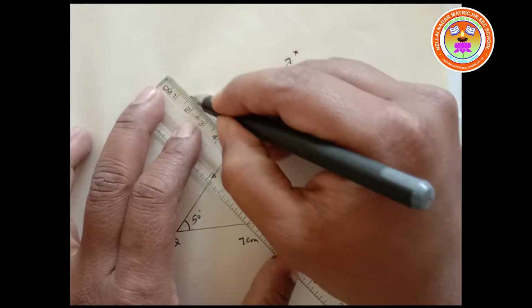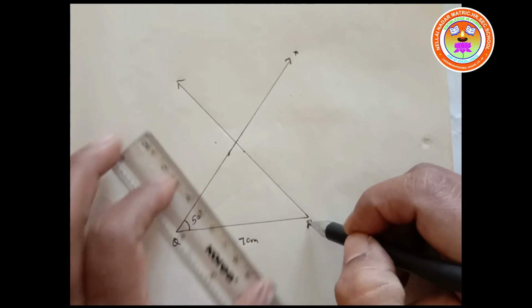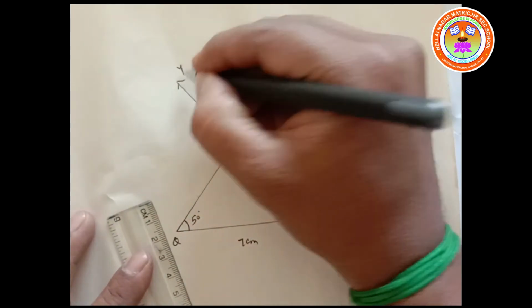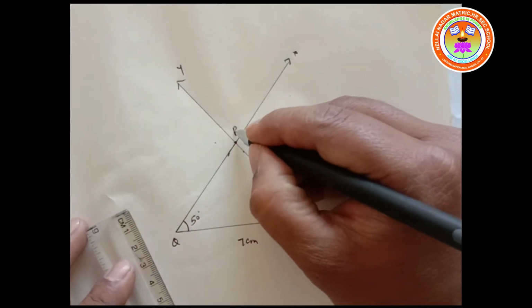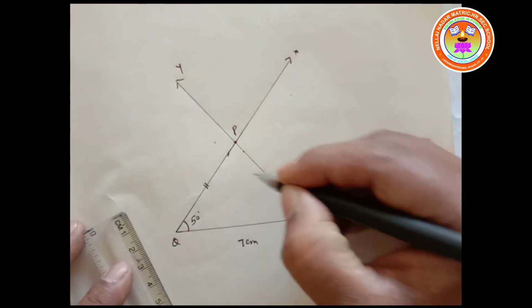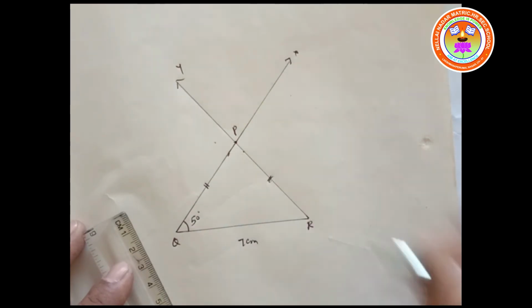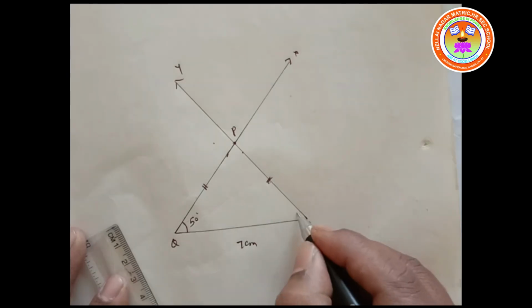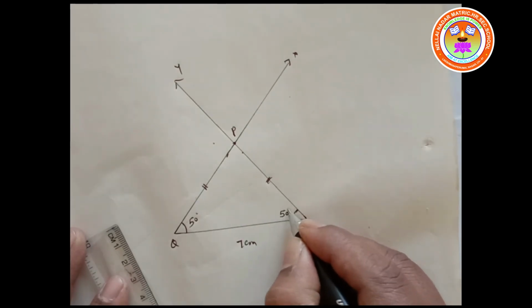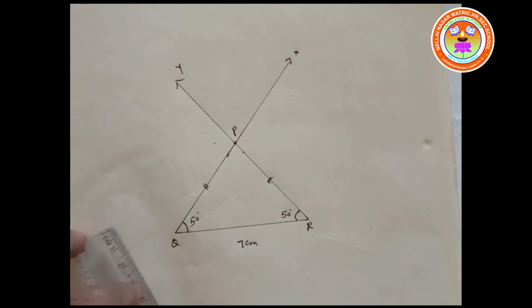Both the lines, you can consider RY, intersect at point P. Now the given condition is PQ equal to PR. It's clear, children? So opposite angles are equal for an isosceles triangle.